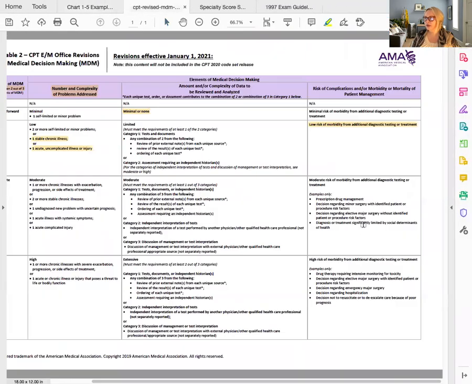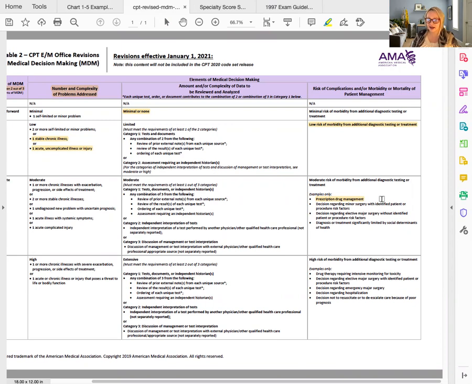So going back to my medical decision-making chart, this would be a low risk morbidity. However, there is prescription drug management. And so anytime there is prescription drug management, that's going to bring you to a slightly higher level of risk. Even though it's just one prescription that's being continued, there is detail in the note as to what they're taking.